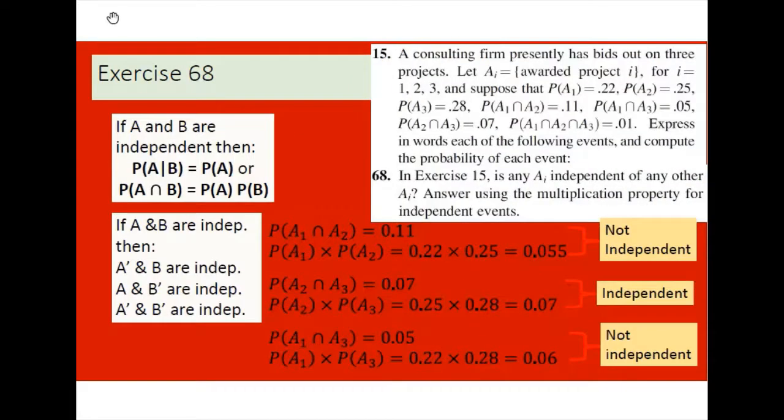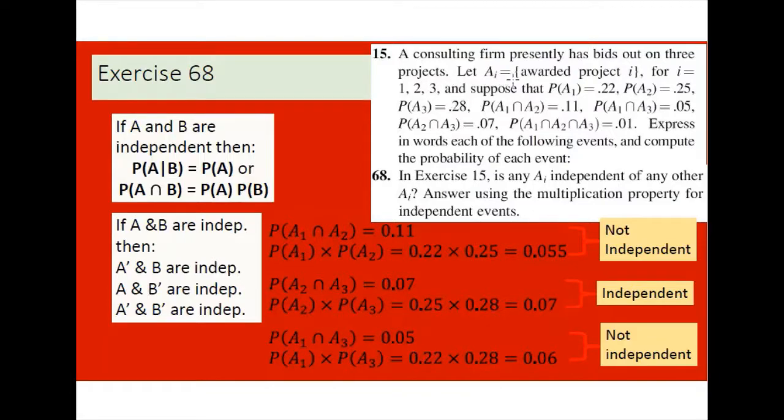Now look at exercise 68. In exercise 50, is any Ai independent of any other Ai? Answer using the multiplication property for independent events. Okay, what is exercise 50? A consulting firm presently has bids out on 3 projects.